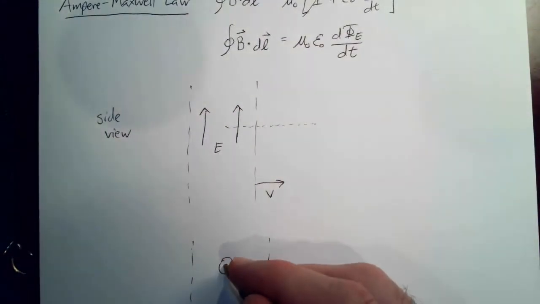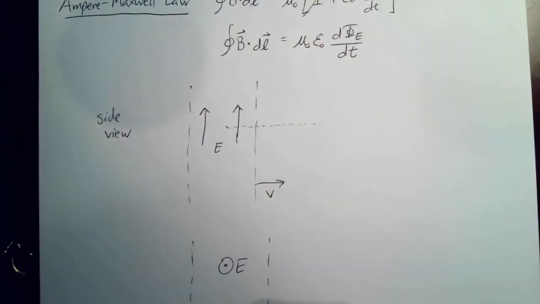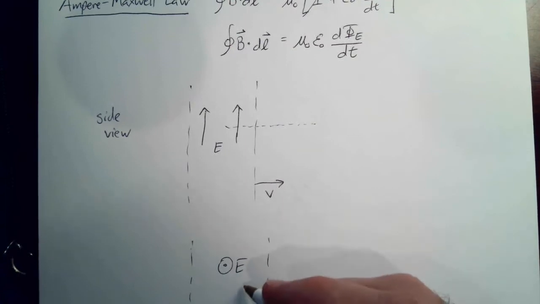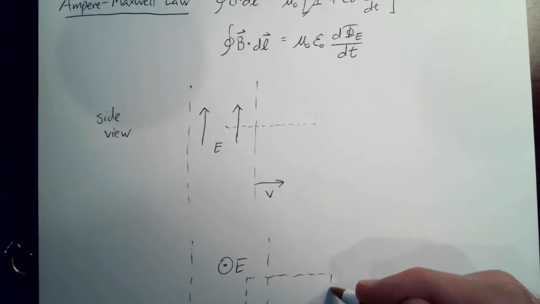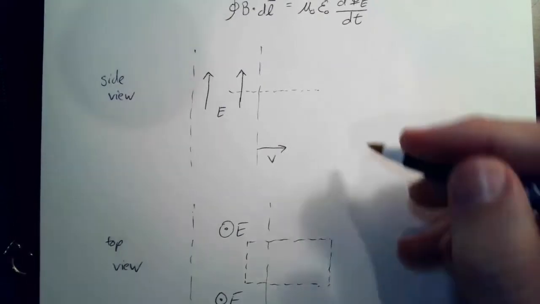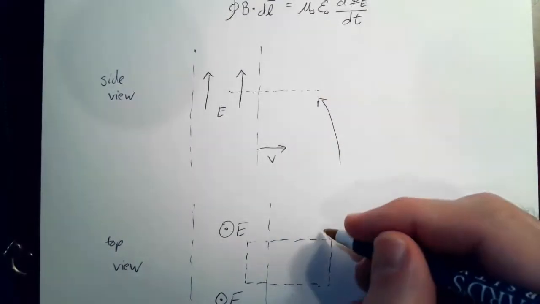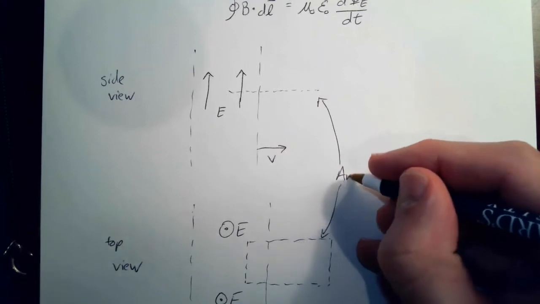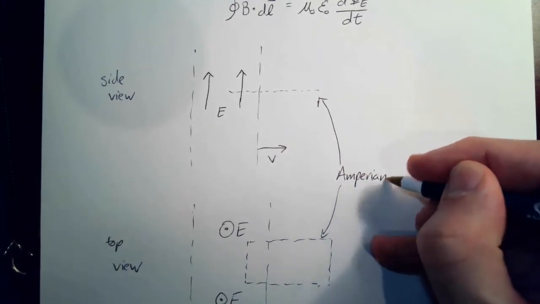E is coming at us now. And our loop is a rectangle. Okay, so this is the top view. And both of these are the same Amperian loop, just one viewed from the side, one viewed from the top.